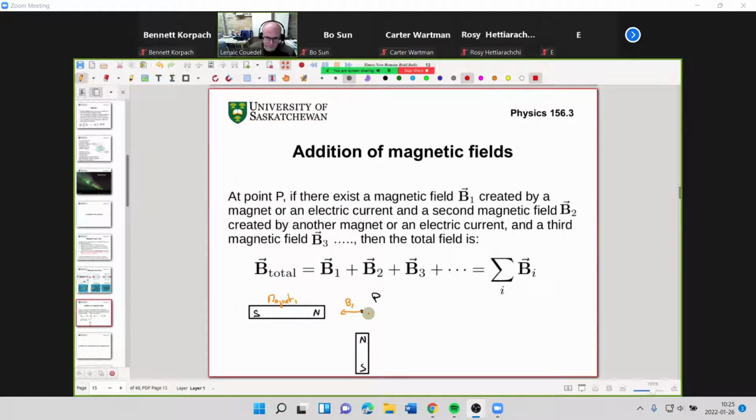And here I have B2, created by magnet 2. And the total magnetic field is just the sum of the two. So this will be B total. Any question on that?